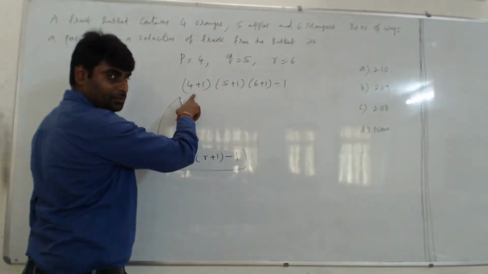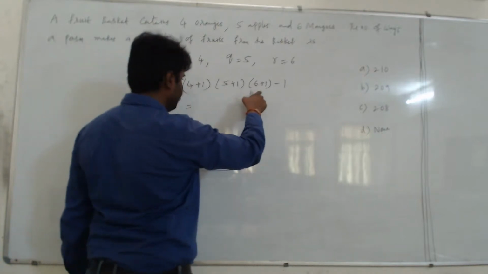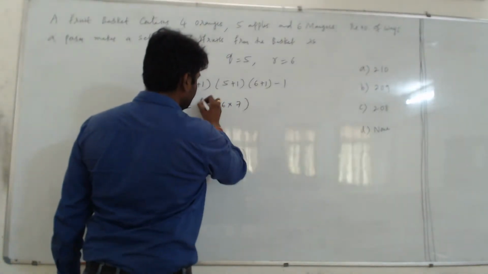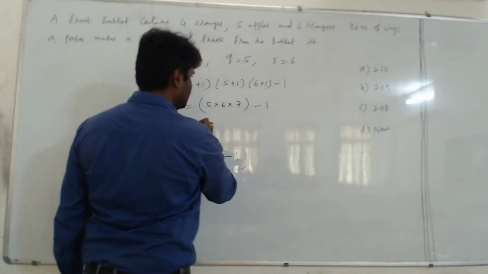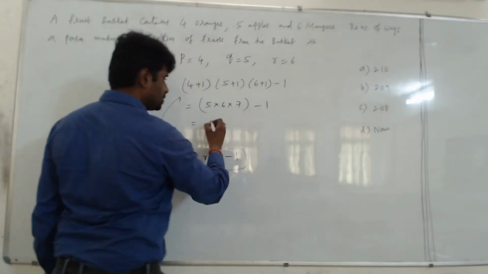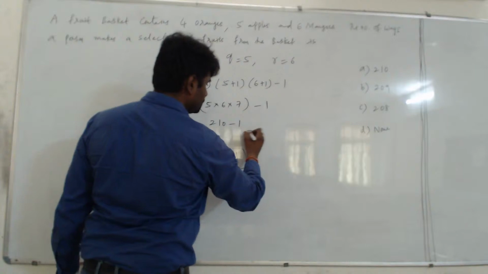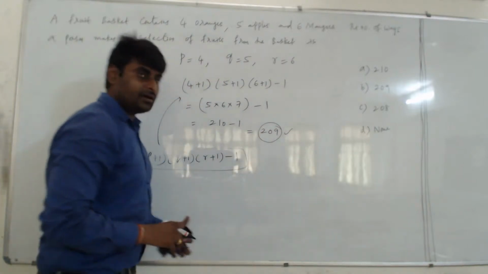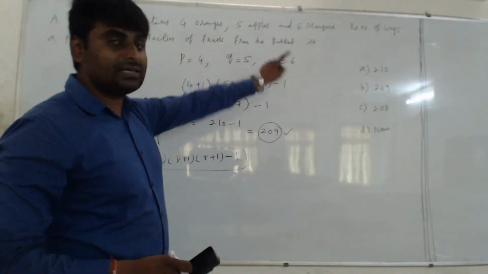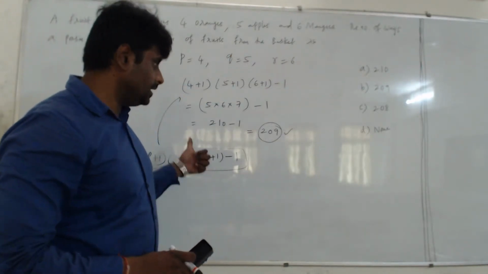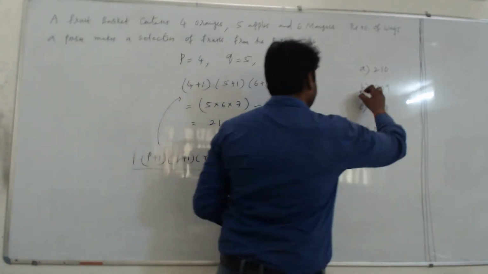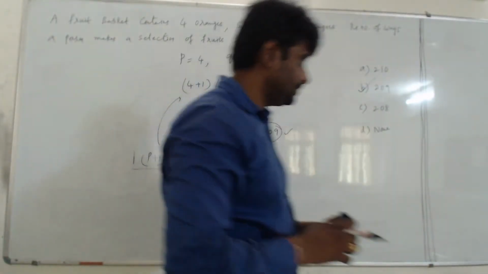So 5 into 6 into 7 minus 1. 210 minus 1, which gives us 209. This is the total number of selections when you are given 3 different categories of things. Clear? So which option will be correct here? Yes, option B. Make a note of that.